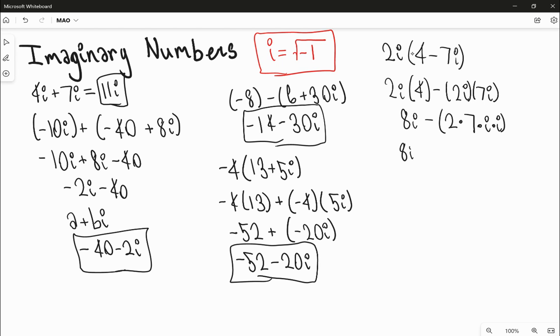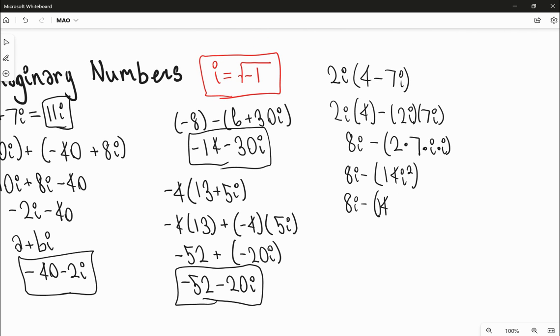So you get 8i minus 2 times 7 is 14, and i times i is i squared. Well, what do we know about i squared? Well, if you take the square root of -1 and square that, then you just end up with -1. So 8i minus 14 times -1.